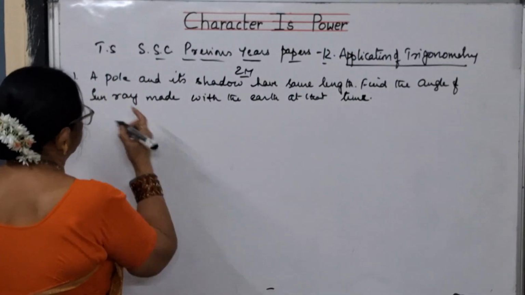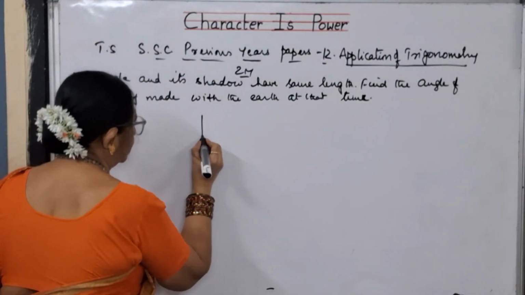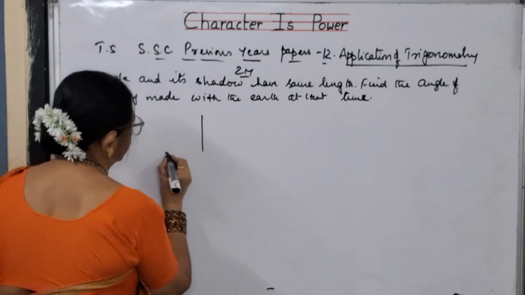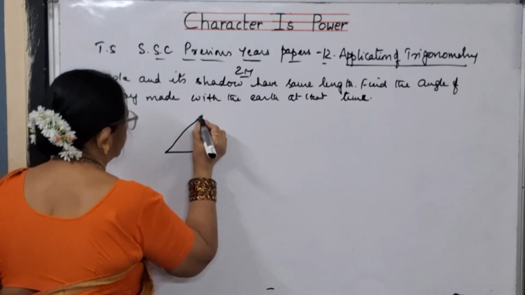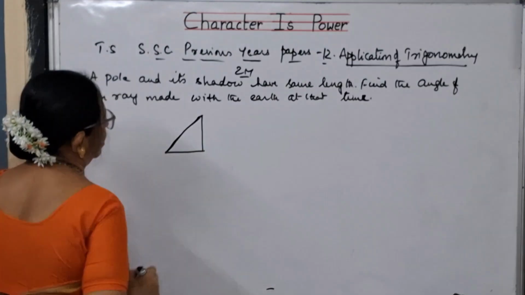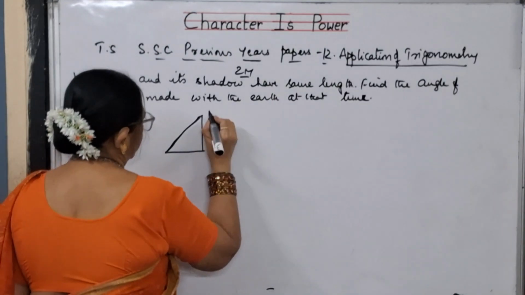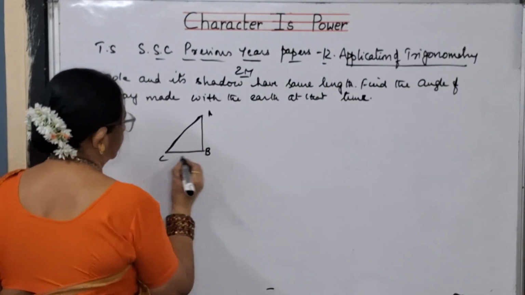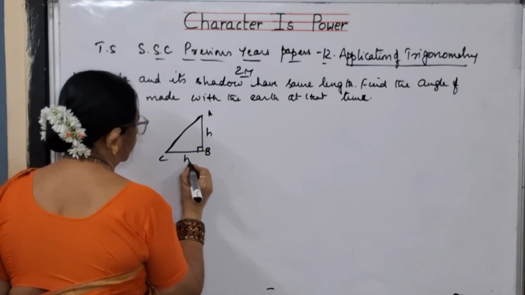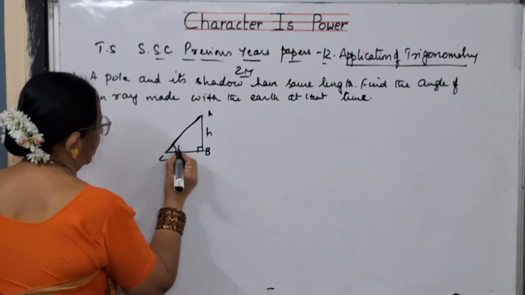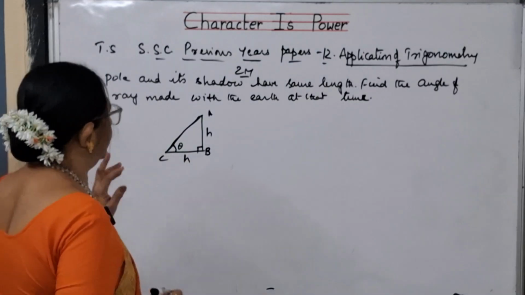So let us consider this as a pole, and this is the shadow of the pole. They have the same length. A, B, C. This is 90 degrees. Suppose this is H, this also is H. What is the angle made by the sun ray with the earth?